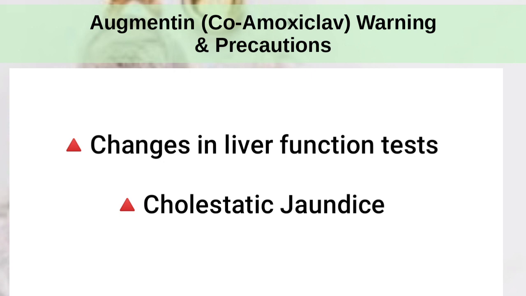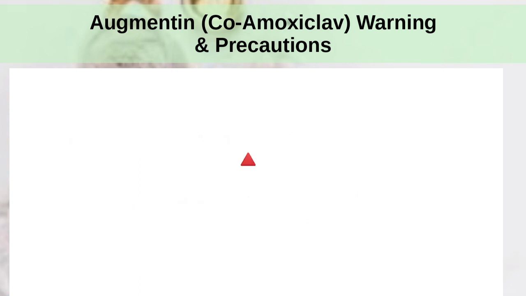Cholestatic jaundice, which may be severe but is usually reversible, has been reported rarely. In patients with reduced urine output, crystalluria has been observed. It is advisable to maintain an adequate level of fluid and urinary output in order to reduce the possibility of amoxicillin crystalluria.